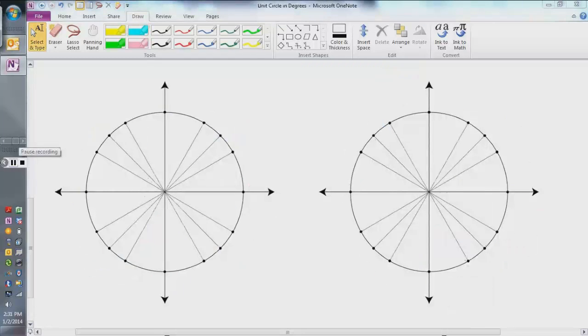Okay, I'm going to start with my quadrantal angles. My quadrantal angles are, I'm going to do degrees, 0, 90, 180, 270, 360.